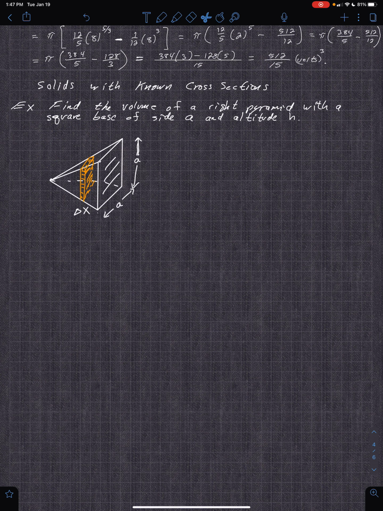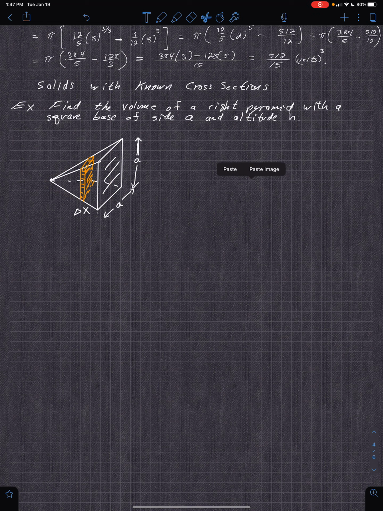Okay, so we're going to look at it like that, and then consider this: we're going to cut this kind of through here, let's chop it right through the middle, like that, and see what you get.